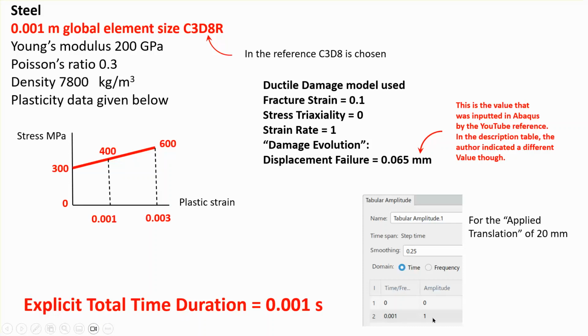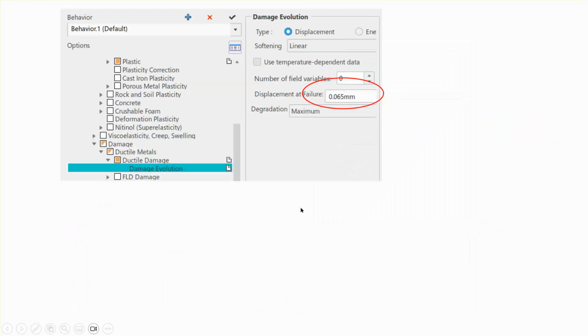This is not to scale and does not have units here. What I'm saying is that 0.001 seconds is what it takes for the displacement to take place. That's a huge dynamic problem. I have some other slides, but I'll come to these later on.